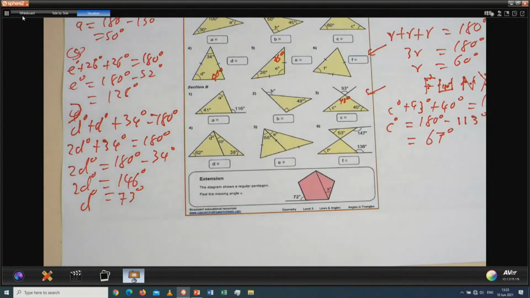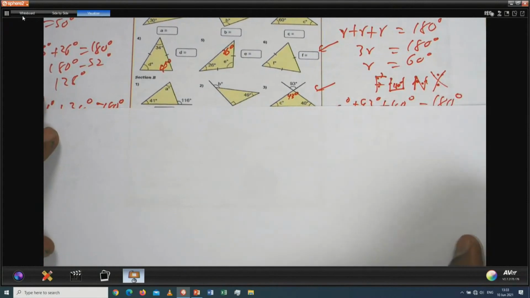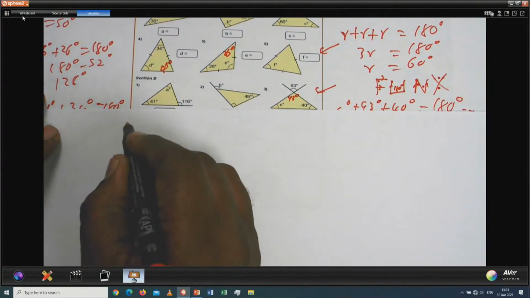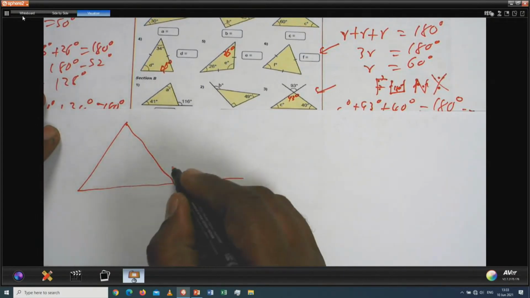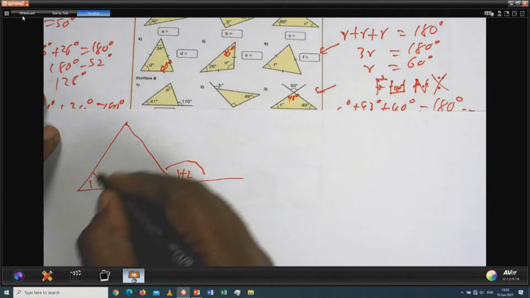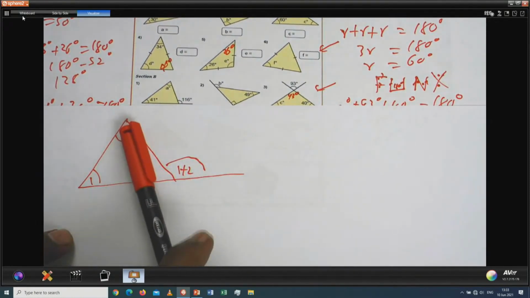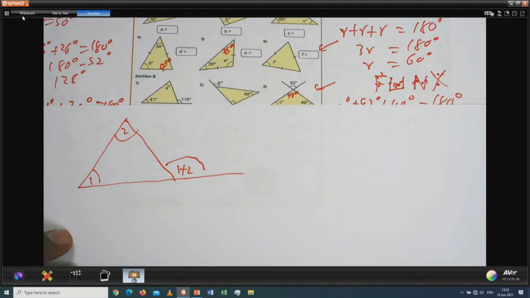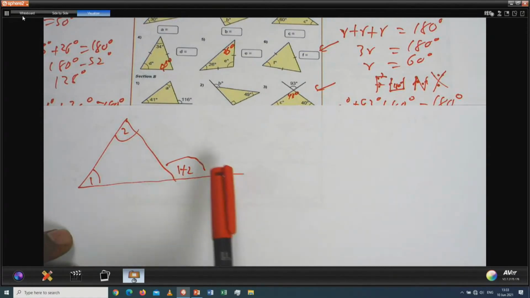But remember, you are driven by properties. That's what is important. Now the F is where we'll be talking about the exterior angle of a triangle. Exterior angle of a triangle is equal to this one plus this one, because this angle plus this one is 180, and this plus this one is 180 degrees.